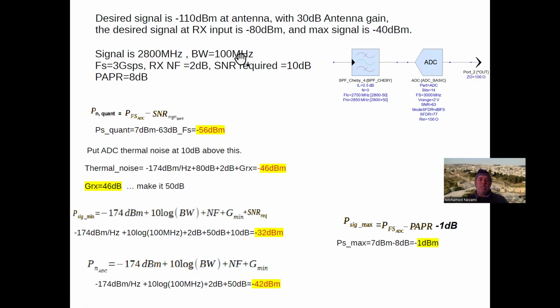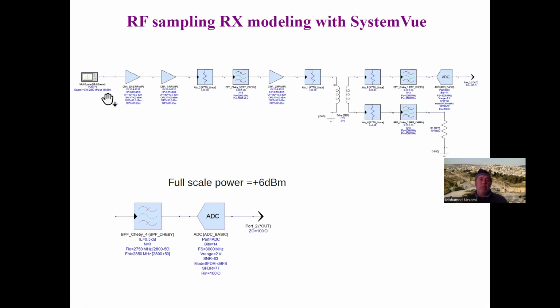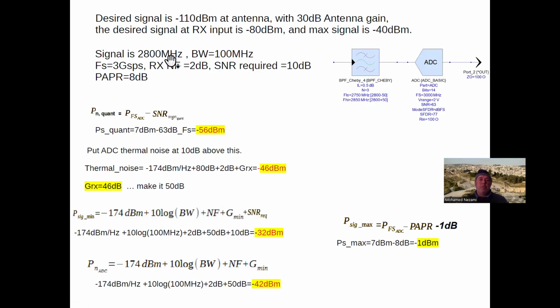And I'm giving specifications in here: the signal itself is centered at 2800 megahertz with 100 megahertz bandwidth. And the ADC is 3 gigasamples per second. The receiver chain is 2 dB basically, that's ahead of the ADC, okay? And the SNR required is 10 dB.